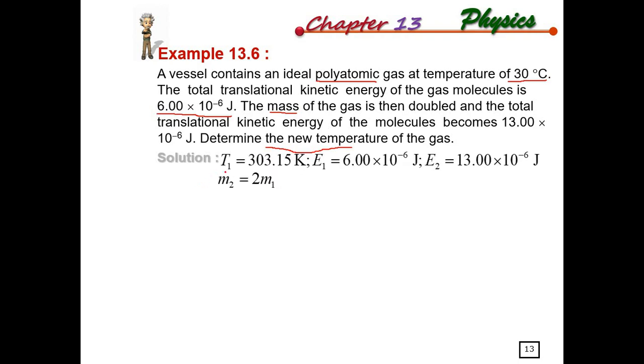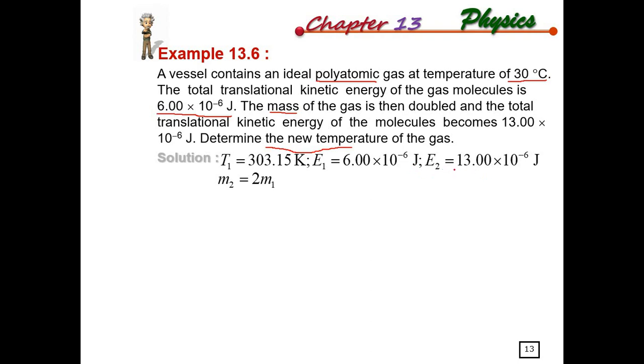So we take out the information given in the question. The temperature 1, which is the initial temperature, is 303.15 Kelvin, where 303 here comes from the degrees Celsius plus 273.15 Kelvin. The initial energy equals 6.00 times 10 to the power of minus 6 joule.